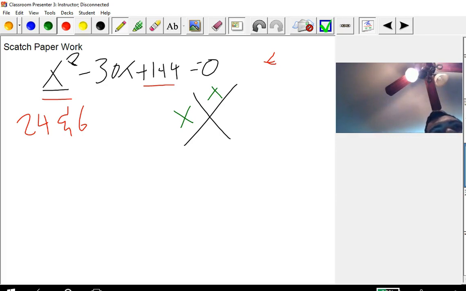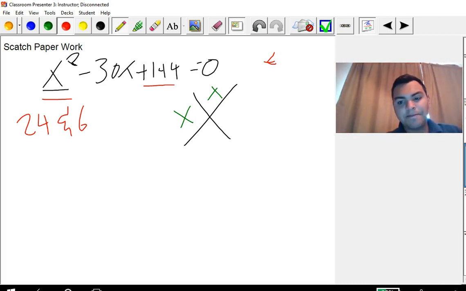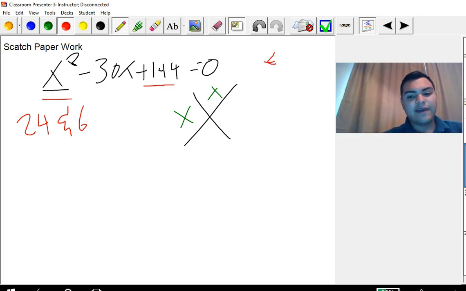So that's just to save you time, right? If you ever have an issue with that, the easiest thing is to ask what the factors of this number are, and always try to be towards the middle of it. The middle has the biggest numbers, right?